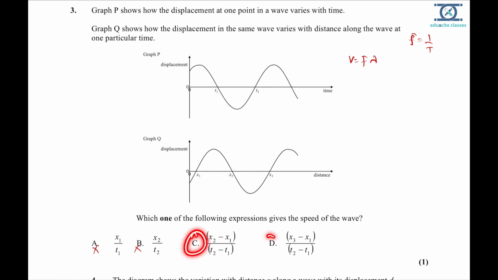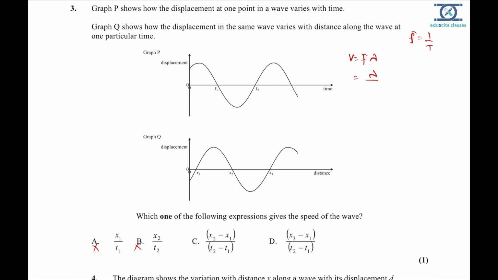Now C and D. I can rewrite this equation as lambda upon time period. Lambda is with respect to distance. So lambda is from here to here, so x3 minus x1 will be lambda. And the time period, there is no information given, t2 and t1 are only here.